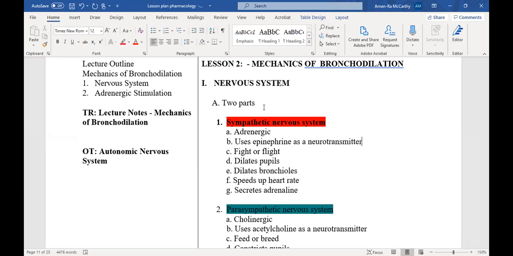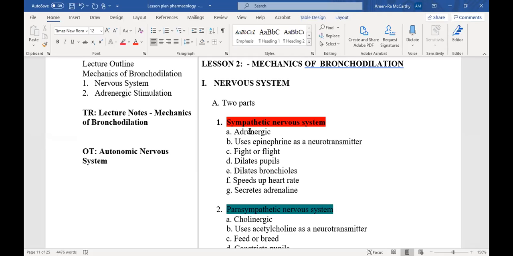Sympathetic nervous system, AKA adrenergic, AKA sympathomimetic. It is the fight or flight nervous system. Anything that is a mimetic is something that mimics that, okay?